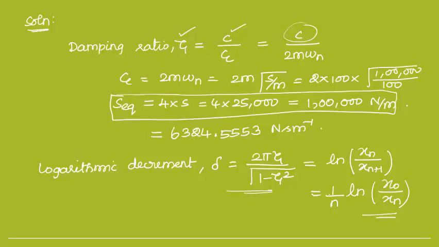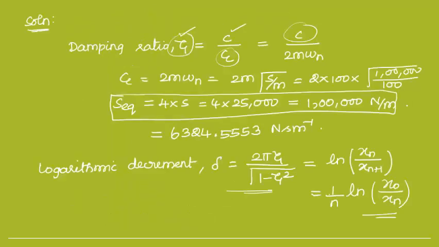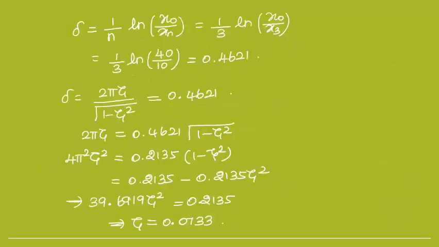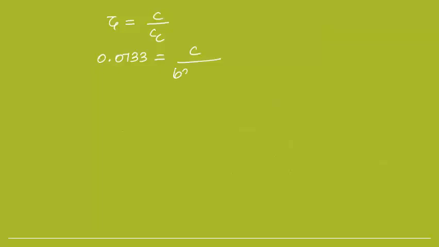Our objective is to calculate the value of damping coefficient C, for which we have calculated the value of damping ratio and the critical damping coefficient Cc. On substituting the values, zeta value is 0.0733, C divided by Cc, which is 6324.5553.